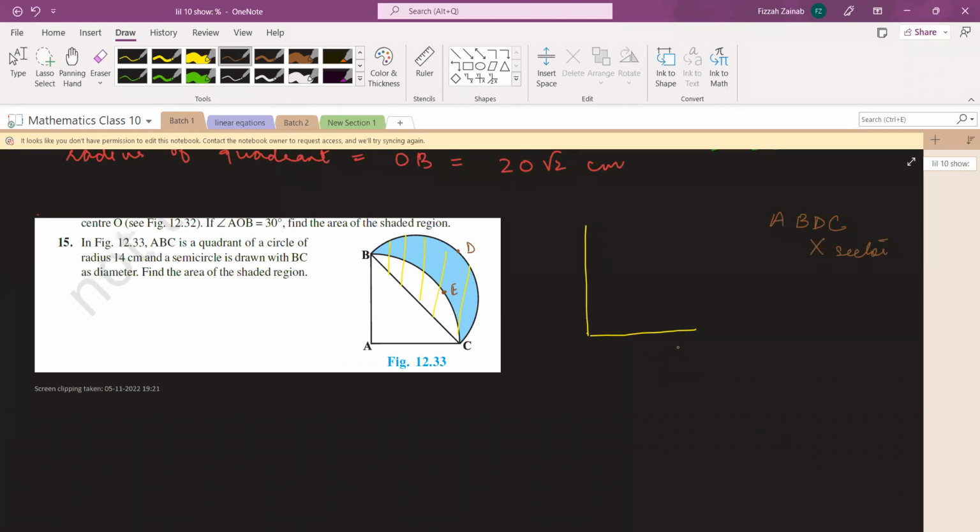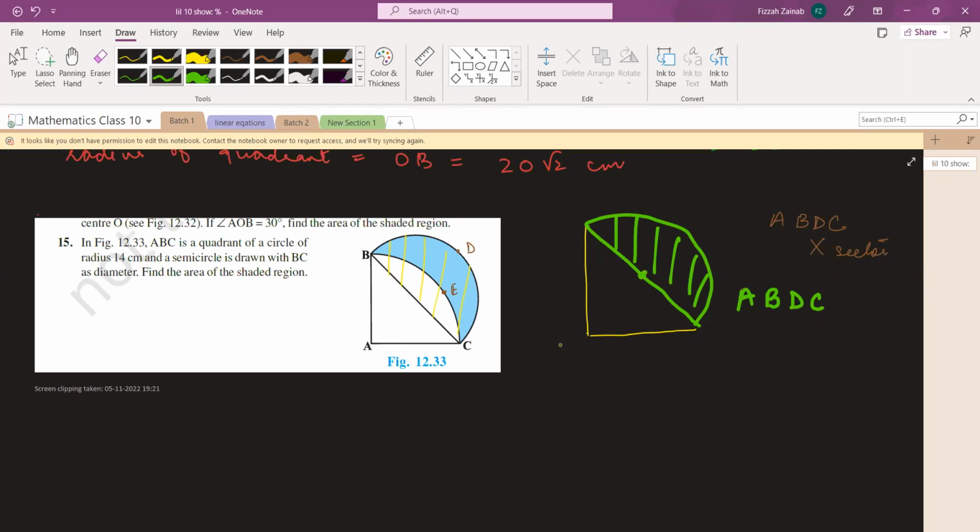See, A, B, D, C. Can you see that? It's not a sector because it's joining a semicircle. And semicircle is only this much. Because here somewhere you will have the center. So this is a semicircle.